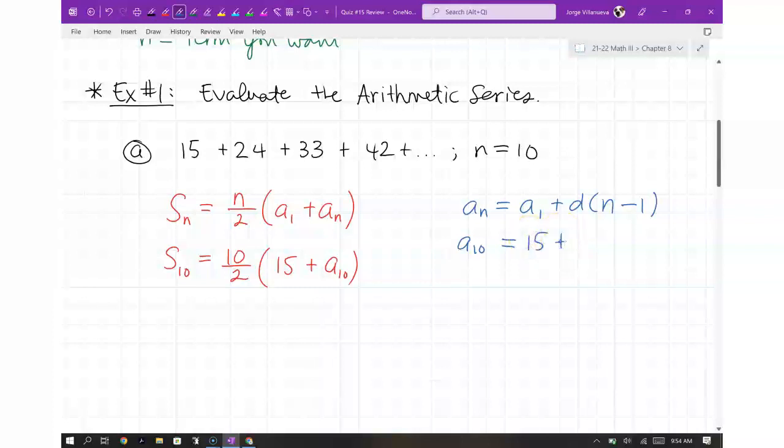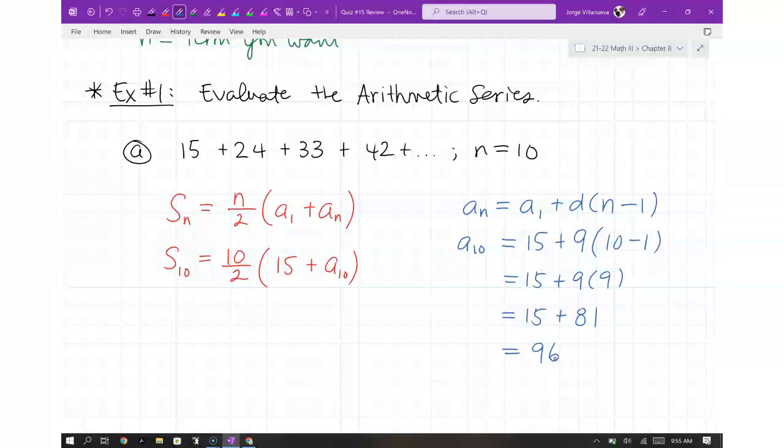What's the d value? 15 to 24, 24 to 33, 33 to 42. Yeah, it's 9. D is 9, and n is 10 minus 1. So that's 15 plus 9 times 9. That's 15 plus 81. So that comes out to 96. There's a sub 10.